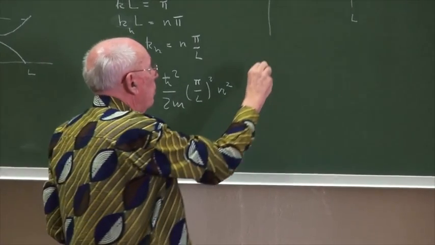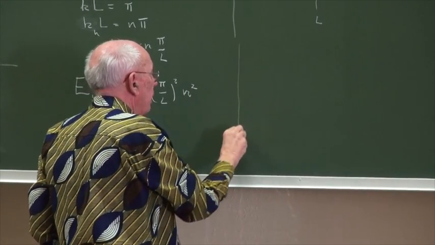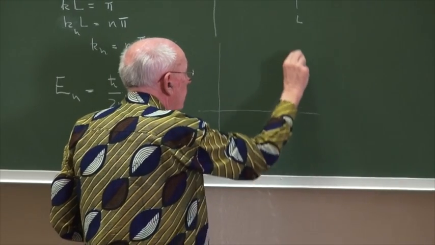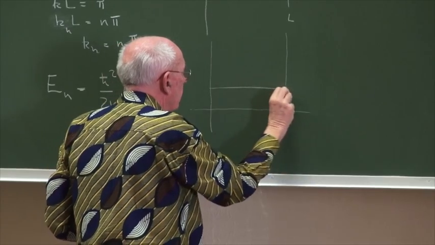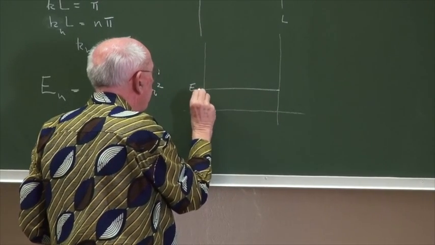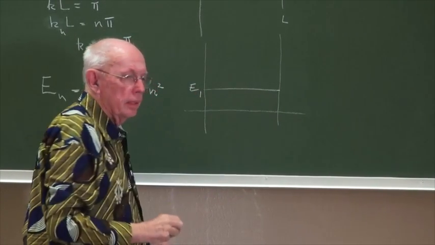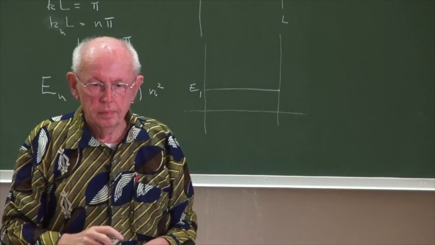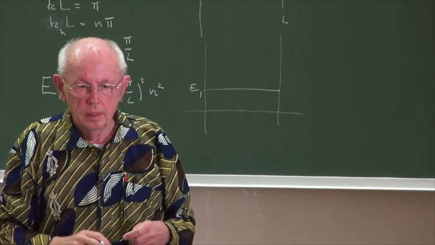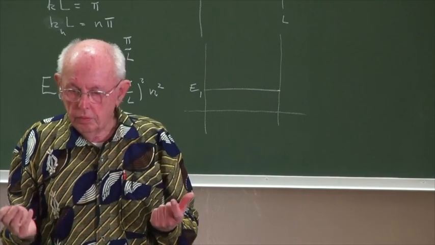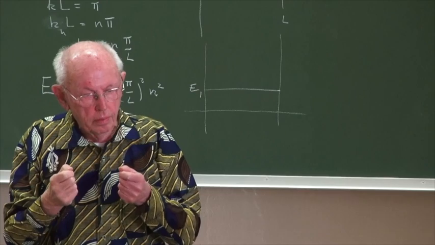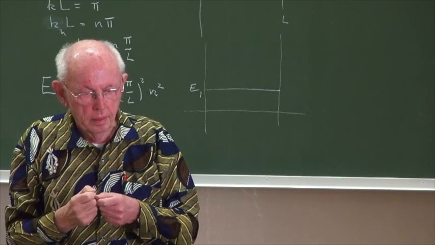And so I will now do a little aside and say I have this state. This is now E1. So how many particles can go in there? So in general, as we have discussed, this is a state for one particle.